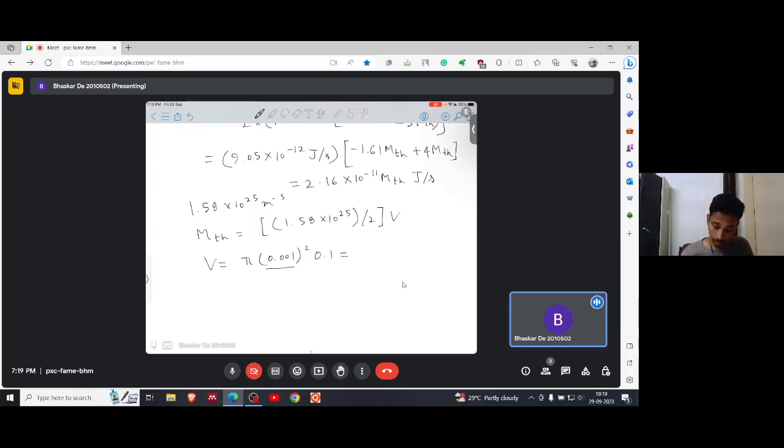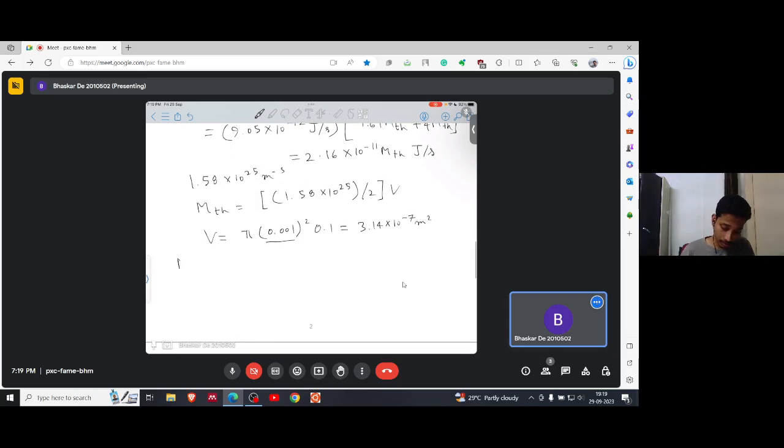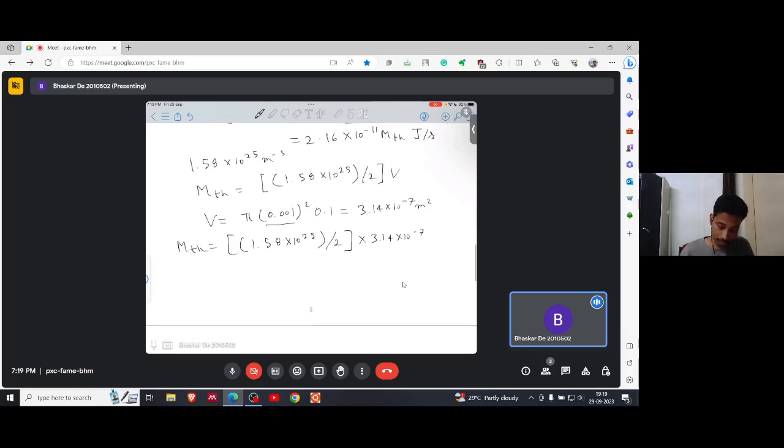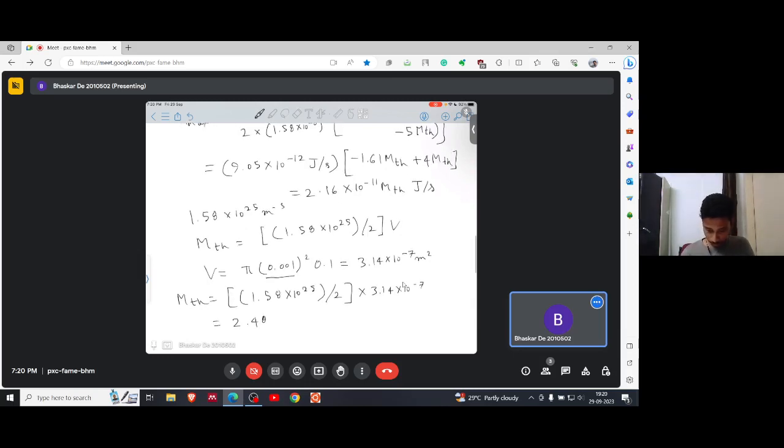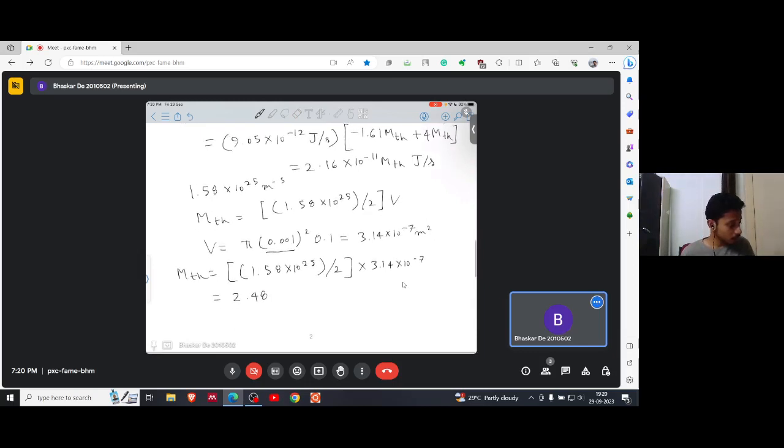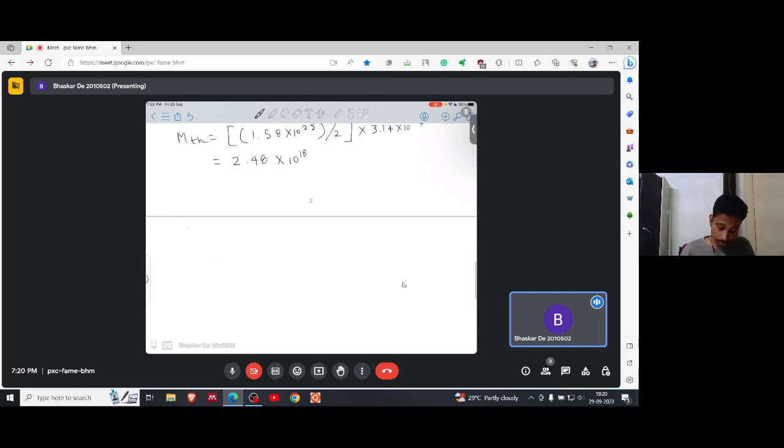That makes the volume 3.14 into 10 to the minus 7 meter cube. Hence m_th will be 1.58 into 10 to the 25 by 2 into 3.14 into 10 to the minus 7, which will be 2.48 into 10 to the power 18.